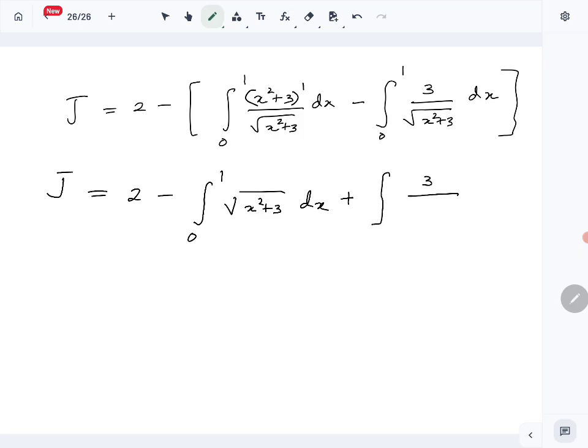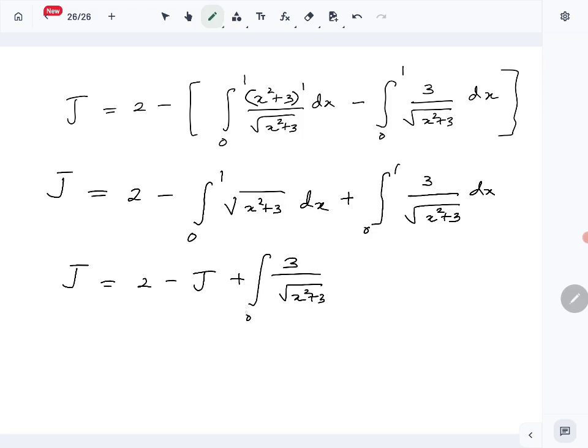Then 3 over this one, dx, right? Then this term we know is what? That is j. 2 minus j plus the integral of 3 over square root of x squared plus 3. So that integral. Now we have the answer.